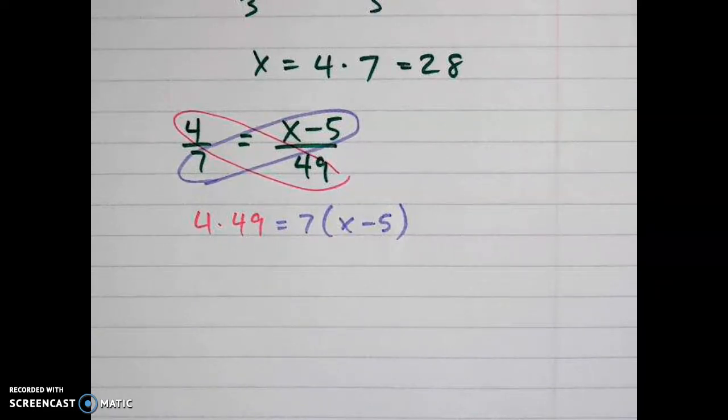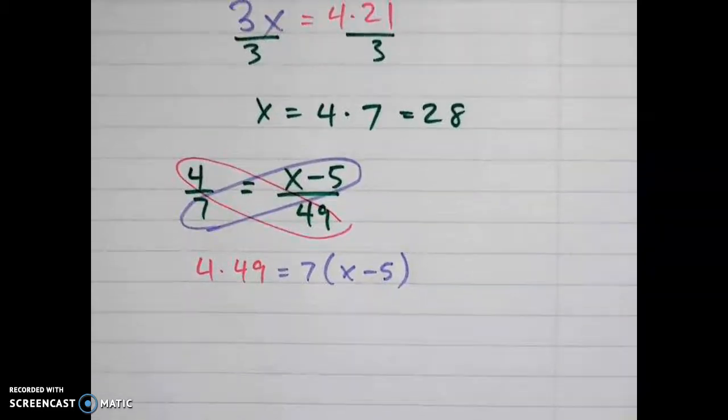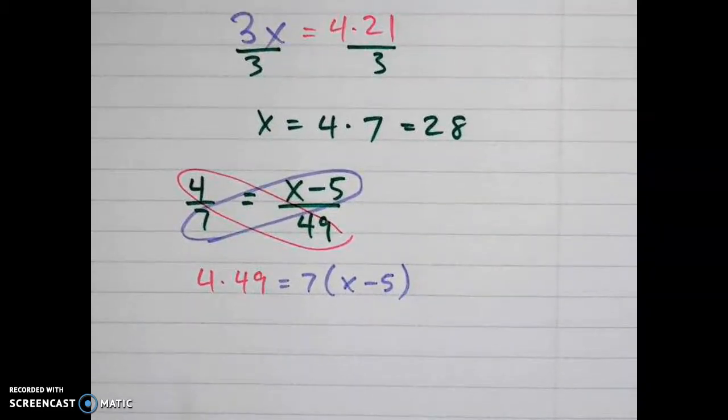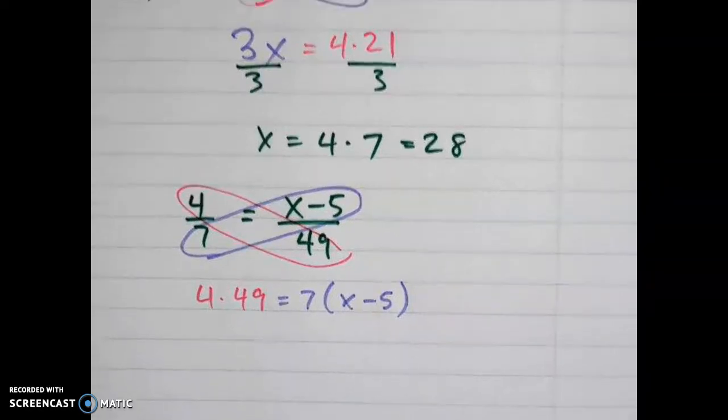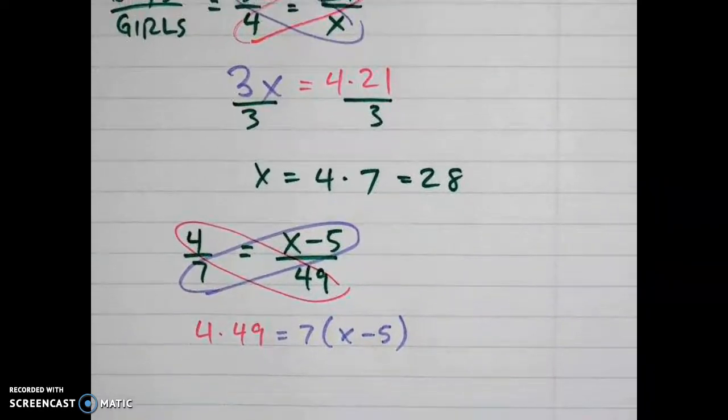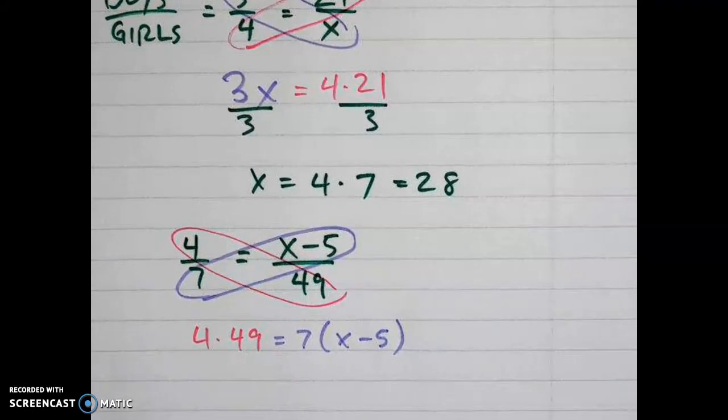So in this case, don't forget to put the parentheses around the x minus 5. Otherwise, you will get a wrong answer. I'll show it to you later. Okay.